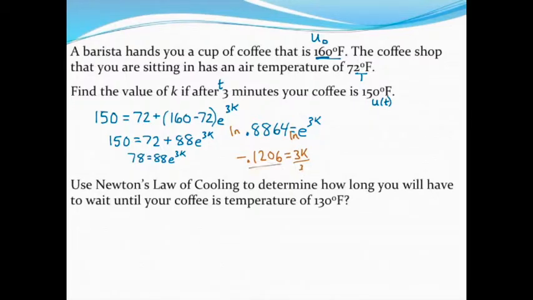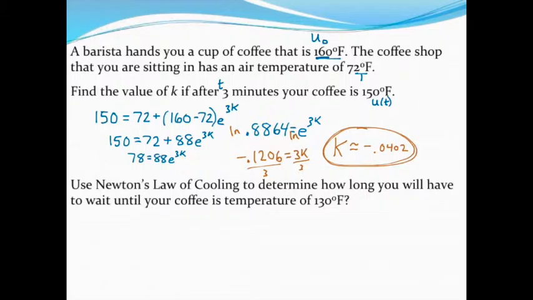So then as this last step, when I divide by 3, I'm being as accurate as I can, and that constant comes out to be about negative 0.0402. And as we said in the beginning of this video, that constant is going to be negative to represent that we're losing heat over time. So there's our constant. Now let's use that to answer one more question.